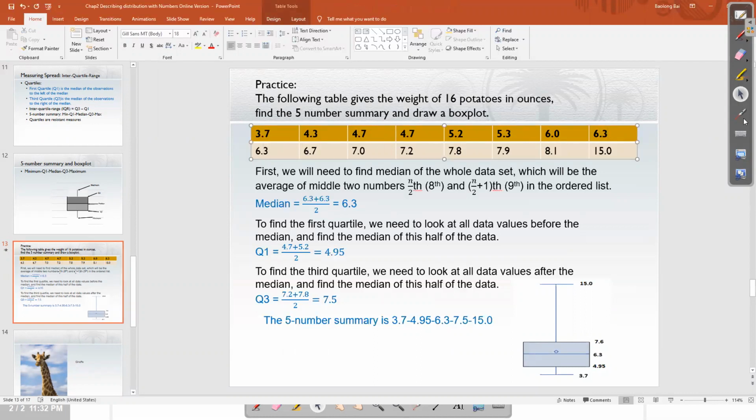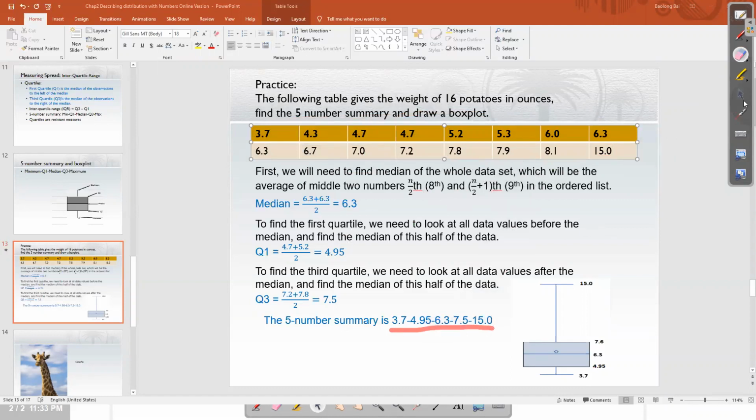To find a quartile, you need to use the overall median. Position-wise, you include all the numbers to the left as the first half and all the numbers to the right as the second half, right? So find Q1 on the first half, Q3 on the second half. Combined with your minimum 3.7 and maximum 15.0, you have your 5-number summary, right? Okay.